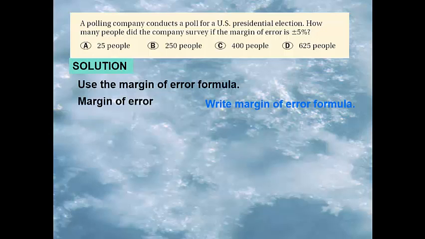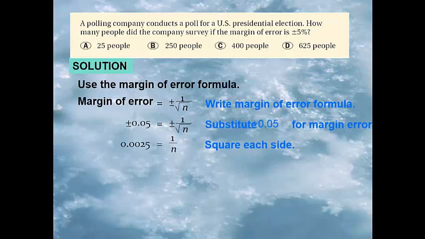Write down the formula in your notebook. It's plus or minus 1 over square root of n. Then plus or minus 0.05, which is the margin of error, equals 1 over square root of n. And you can cross multiply and solve for n.